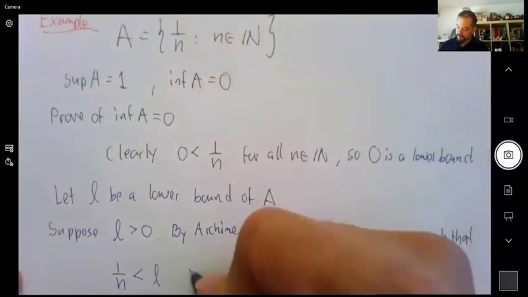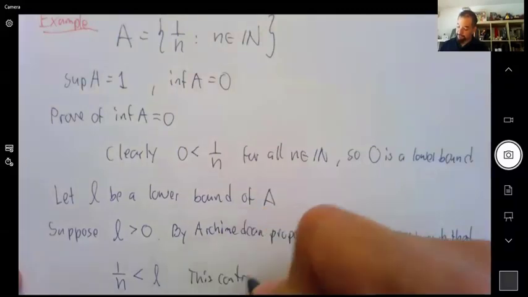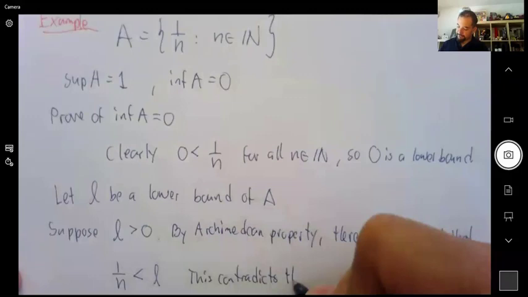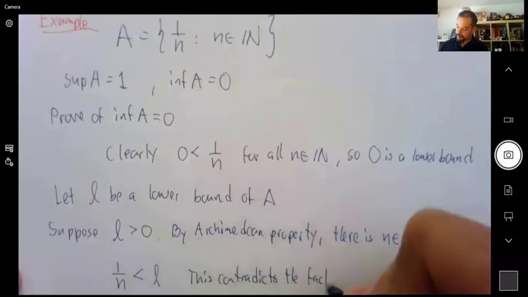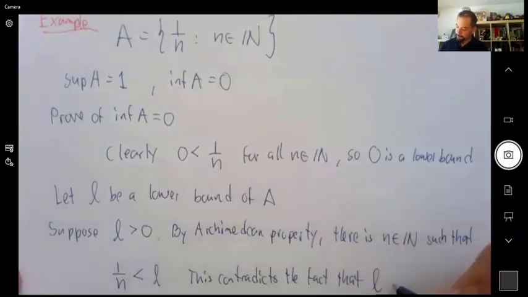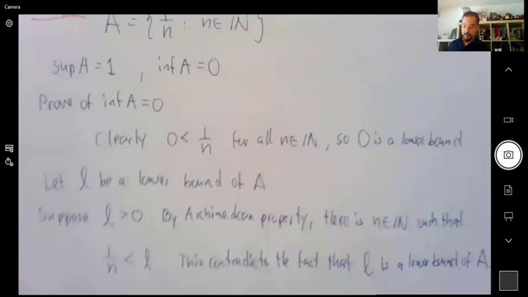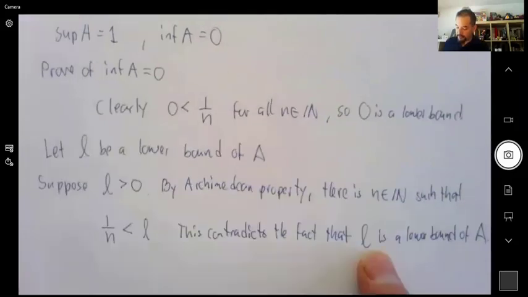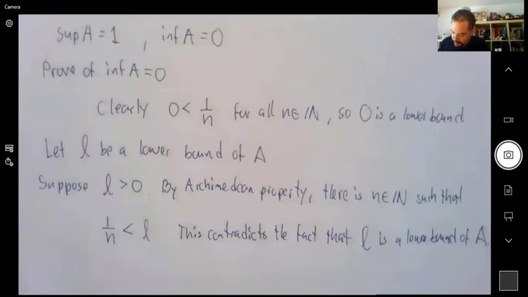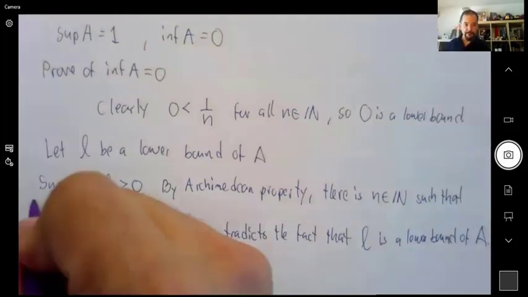This contradicts the fact that L is a lower bound of A. And because we get a contradiction to what? To our only supposition, that L is greater than 0, right?